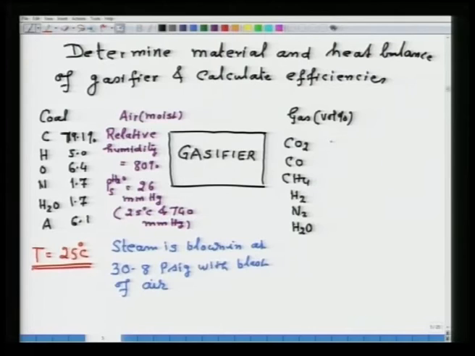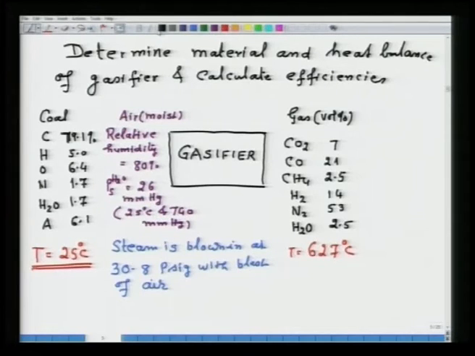Now, CO2 is 7%, CO is 21%, CH4 is 2.5%, hydrogen is 14%, nitrogen is 53%, and H2O is 2.5%, and the temperature at which it is discharged is 627 degrees Celsius.